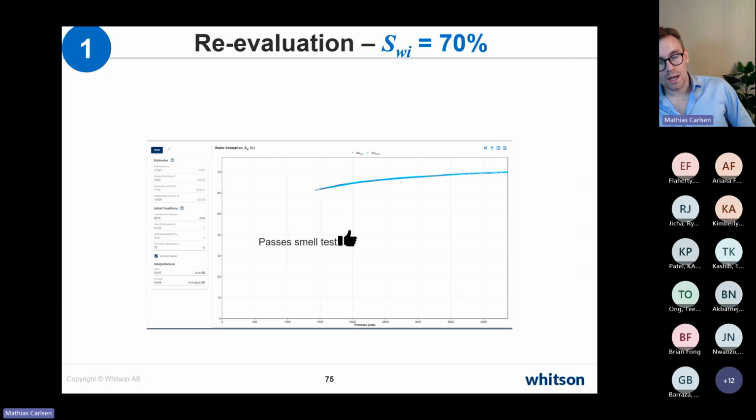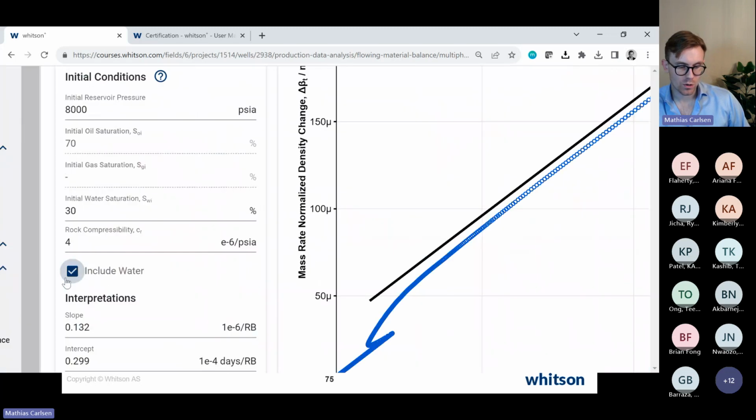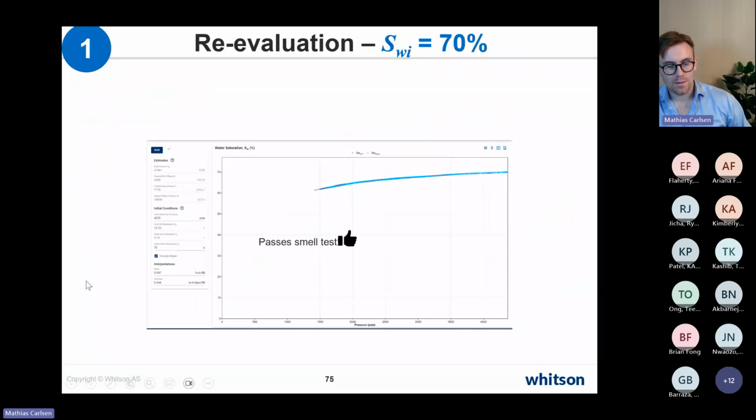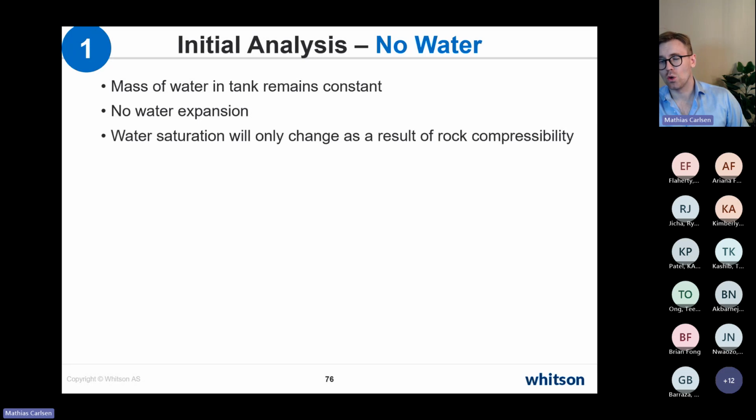Then they went out and did the analysis without water. And that's a feature in the software where you can go in here and say, I want to exclude water. And when you exclude water, the mass of the water in the tank remains constant. So there's no water expansion, and the water saturation will change only slightly as a result of changes in rock compressibility. And this will provide the most conservative estimate of your hydrocarbons in place.